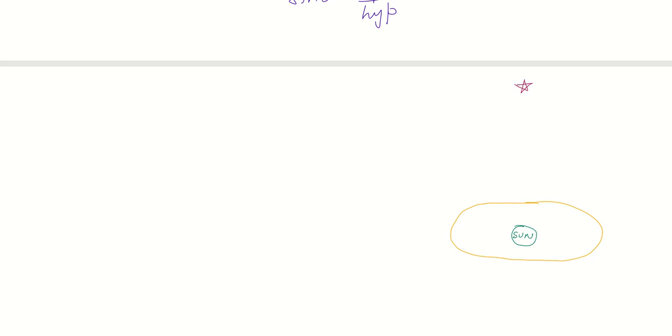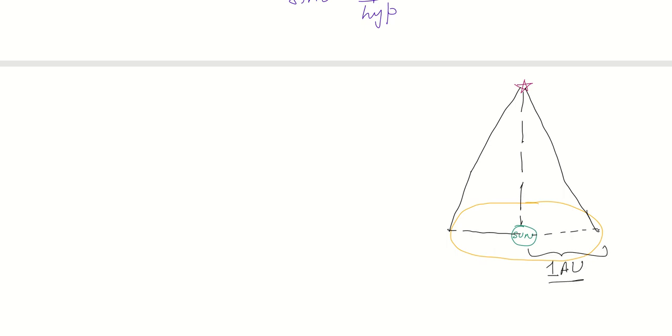Okay, and we are going to measure the star from two different points here. Let's draw this also. This is your one astronomical unit, let us say, average distance of Earth. This is your Earth. Okay, this is your Earth.